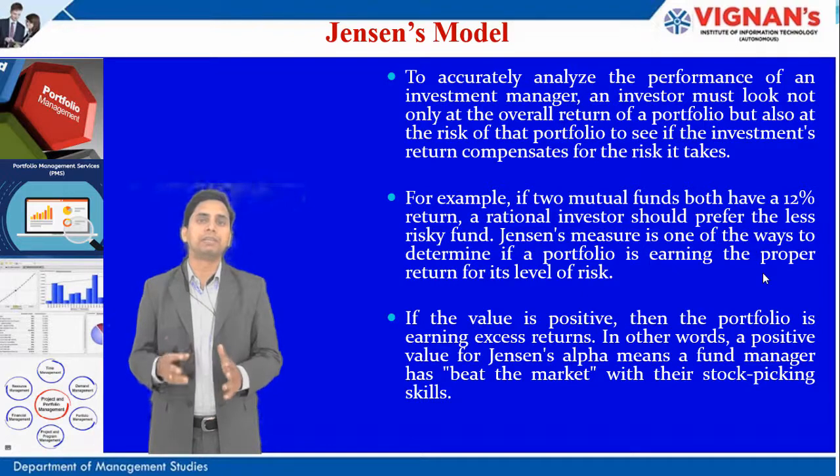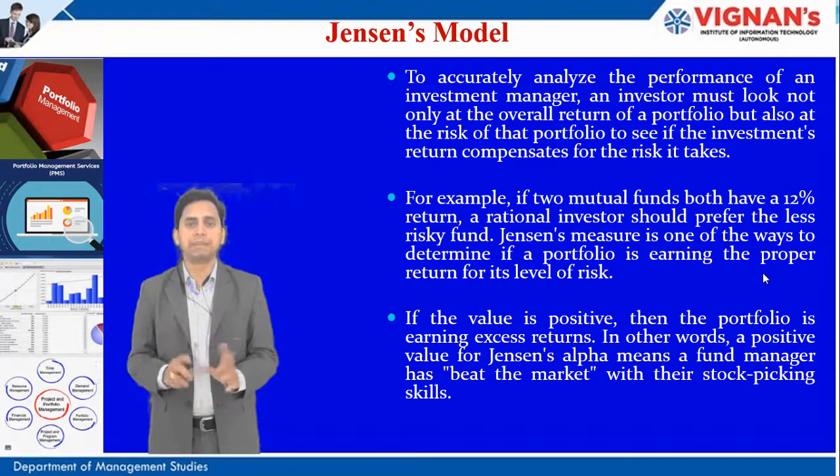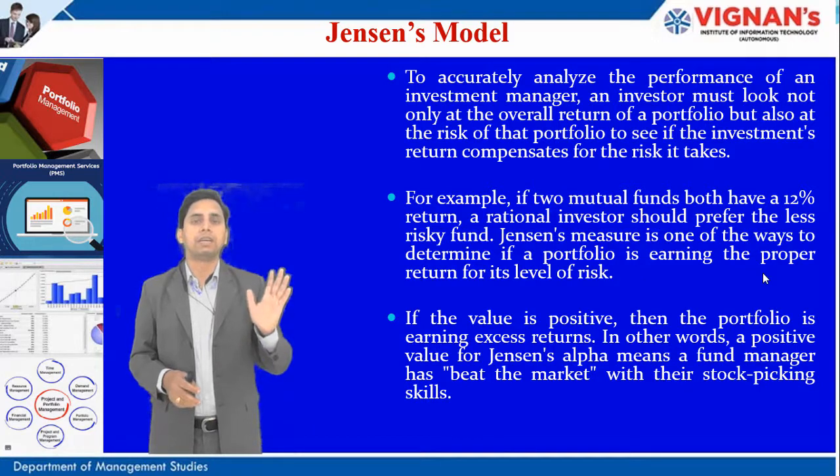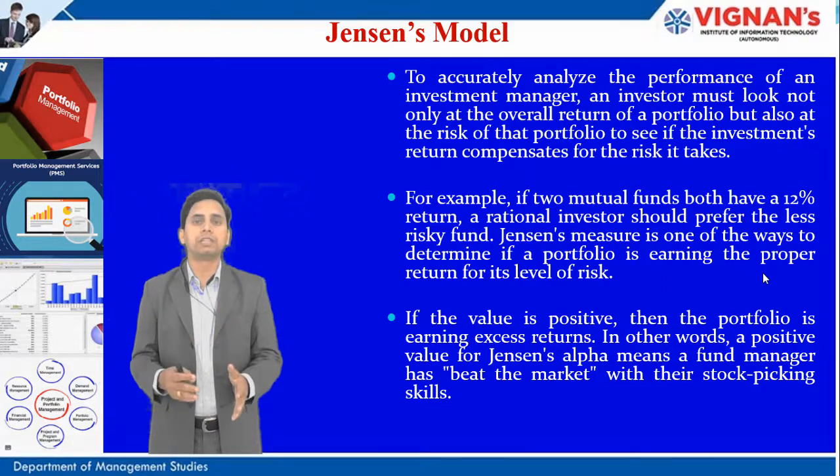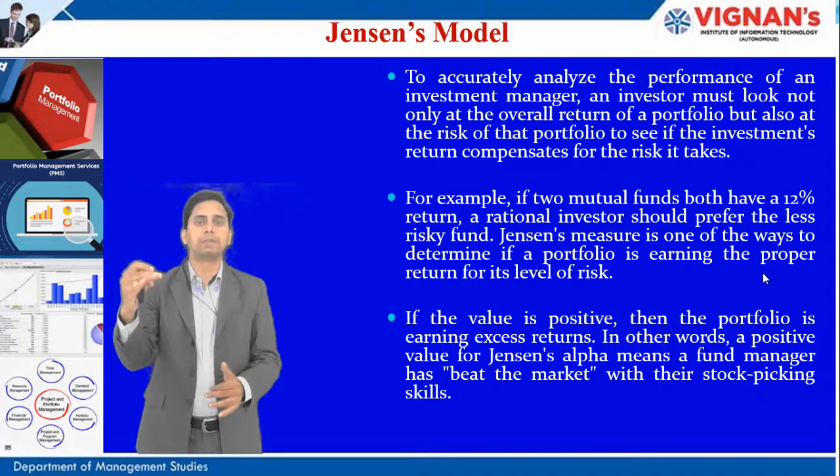So in this particular example, we have taken two portfolios. Both portfolios have achieved 12% return, but the risk level of one portfolio may be different from the other. Say for example, in a particular portfolio the risk level is less for achieving this 12%.